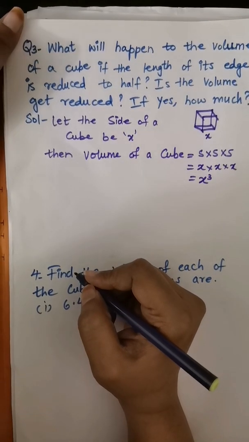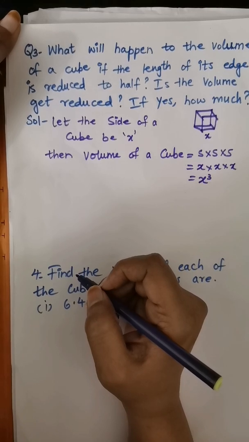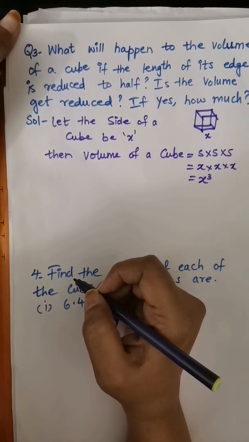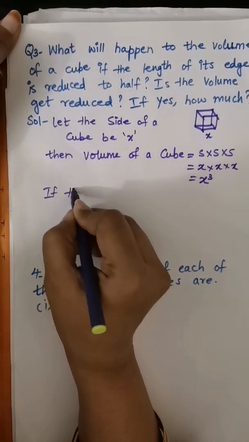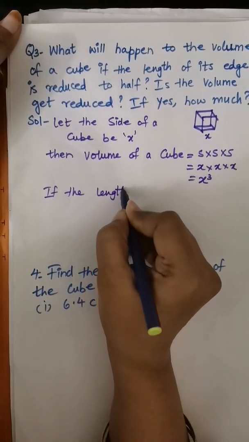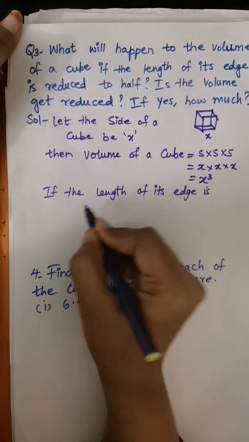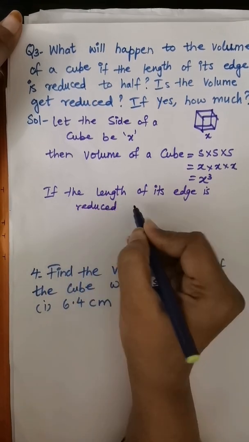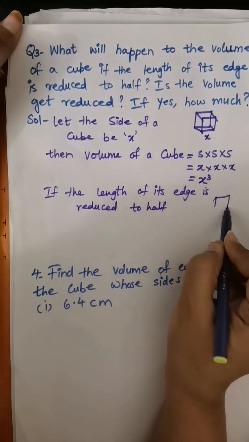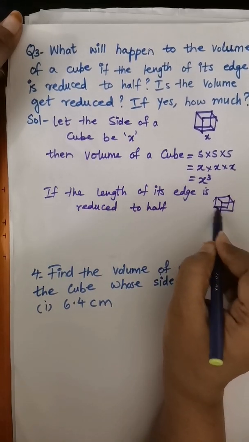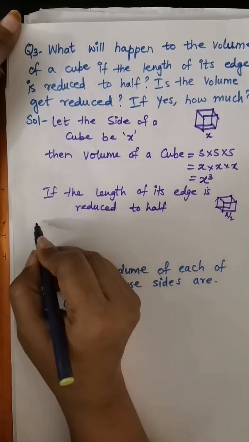Now what will happen to the volume of the cube if the length of its edge is reduced to half? Now the volume of the new cube is, the side of the cube is x by 2.